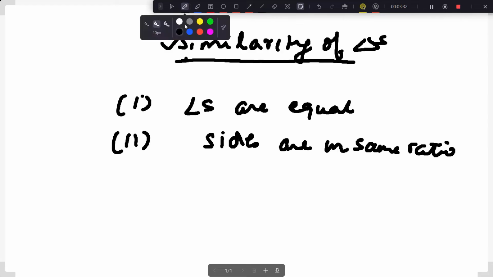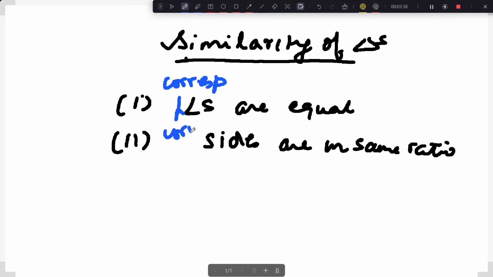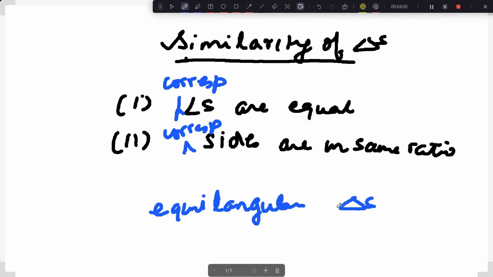One important point that needs to be written here is all corresponding angles and all corresponding sides are in the same ratio. So if there are two triangles whose corresponding angles are equal, they are known as equiangular triangles, right?